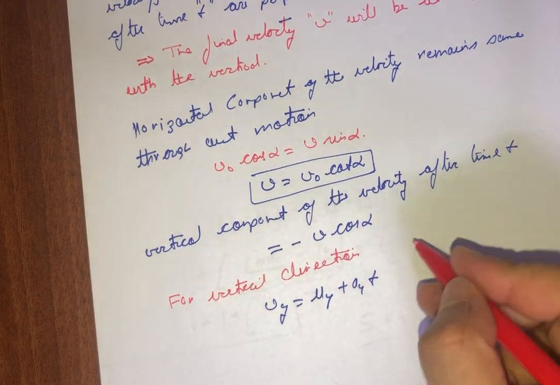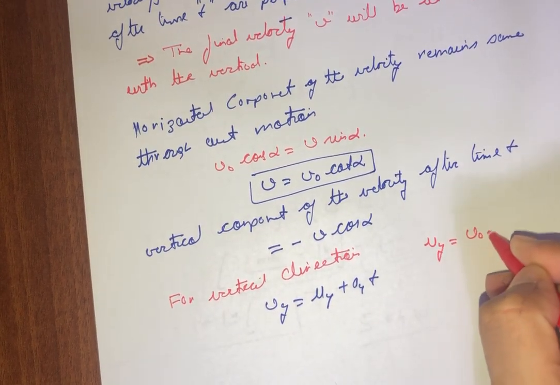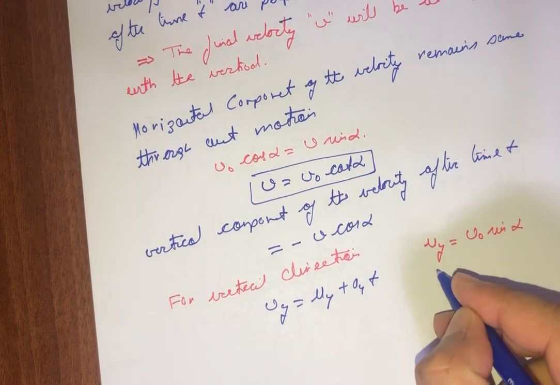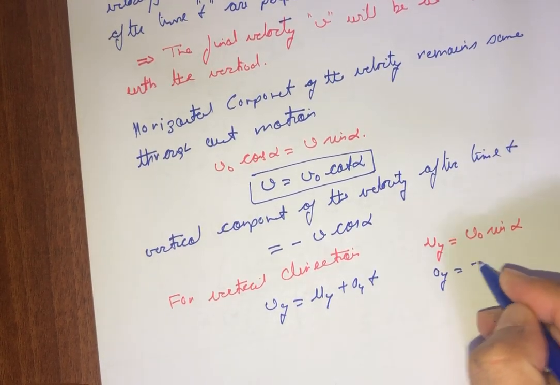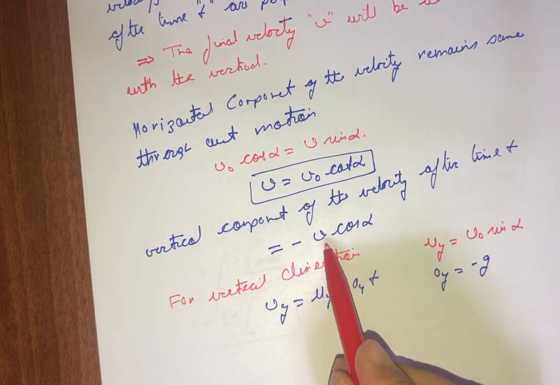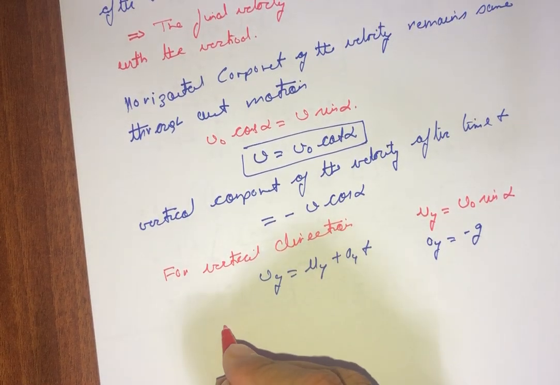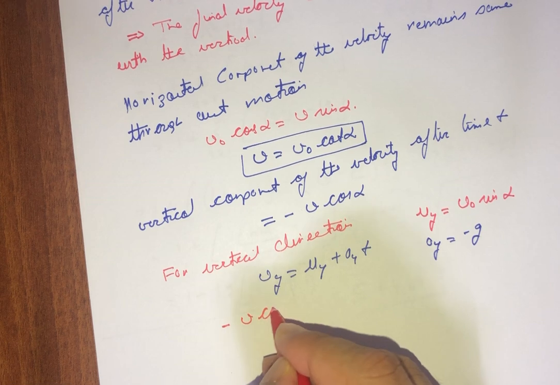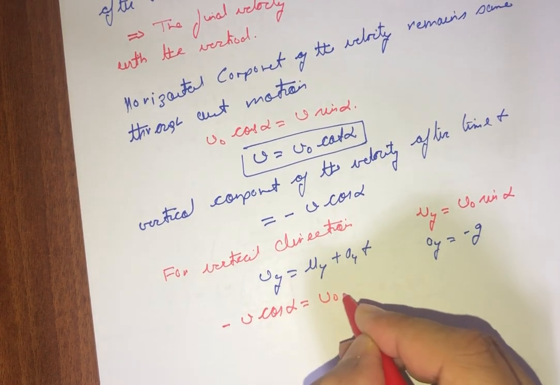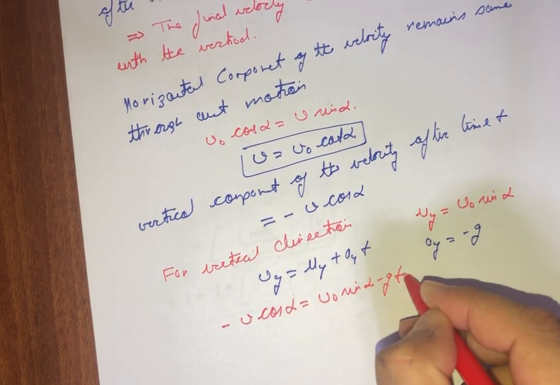So in this case, Uy, that is the initial velocity in vertical direction, is given as v naught sin alpha. Ay is equal to minus g, and Vy we already calculated, that is minus v cos alpha. So we put it here, we get minus v cos of alpha will be equal to v naught sin of alpha minus g into t.